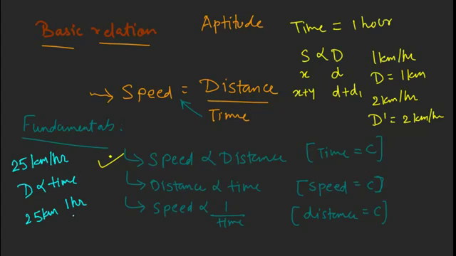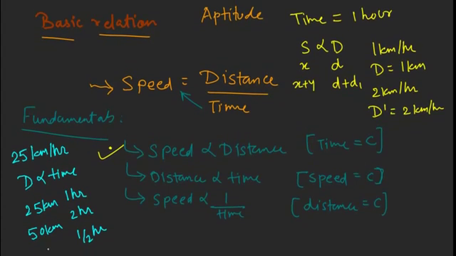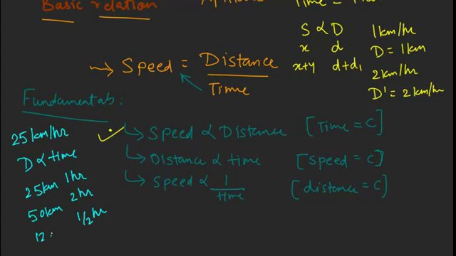Now suppose instead of 1 hour you travel for 2 hours at a speed of 25 kilometers per hour, you will cover 50 kilometers. In case you travel for half an hour, you would cover 12.5 kilometers according to this relation.